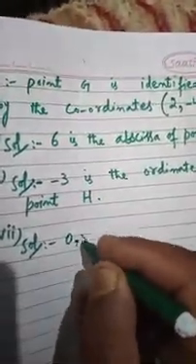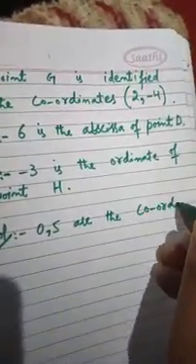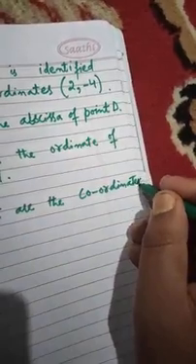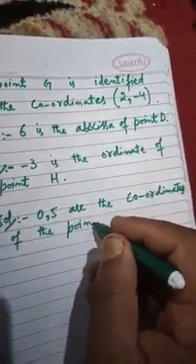And the second coordinate, that is known as ordinate, is 5. So 0, 5. We can write the solution, the coordinates of the point L: 0, 5 are the coordinates of the point L.